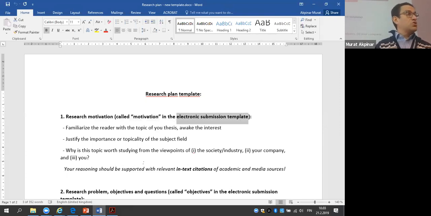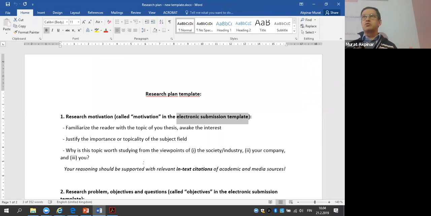We have this kind of official procedure. You submit your proposal with the electronic form, and in doing that, one important thing for all of you, you will be asked to choose which program. So you will choose master's degree program in international business management. When you choose that, all the applications come to me.